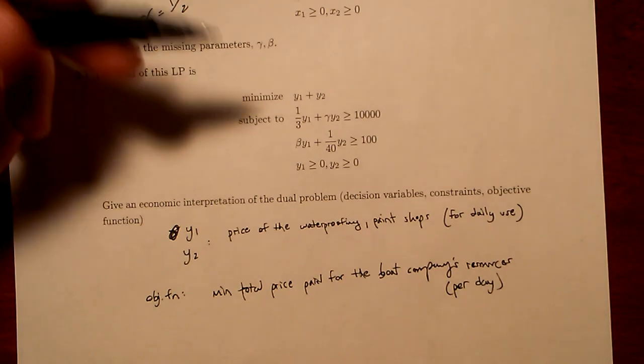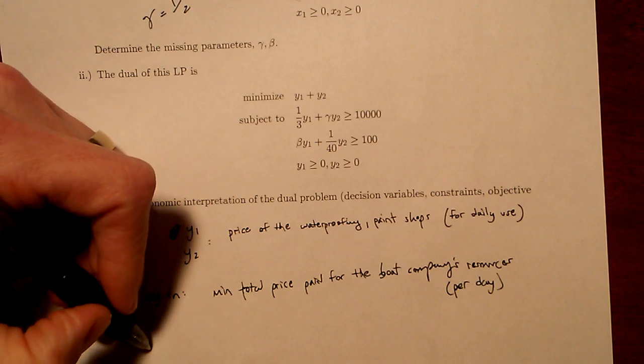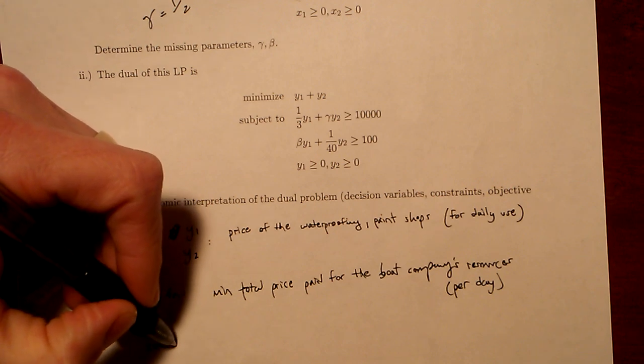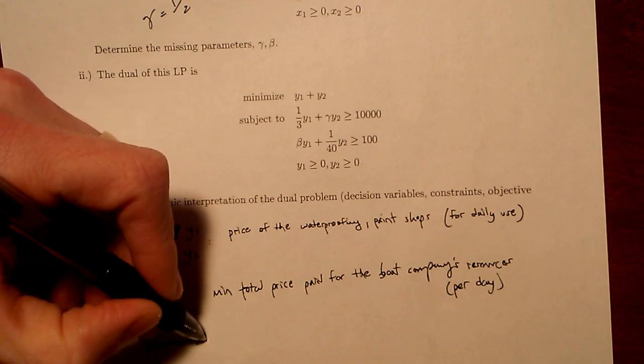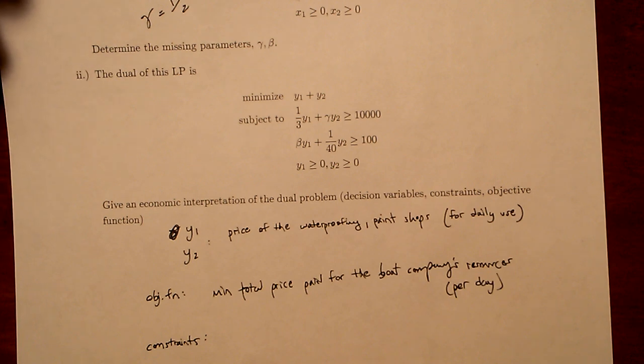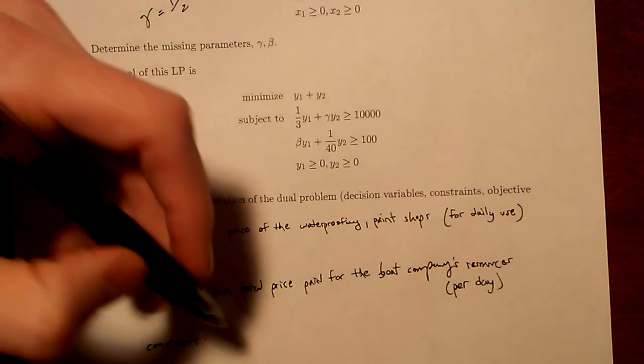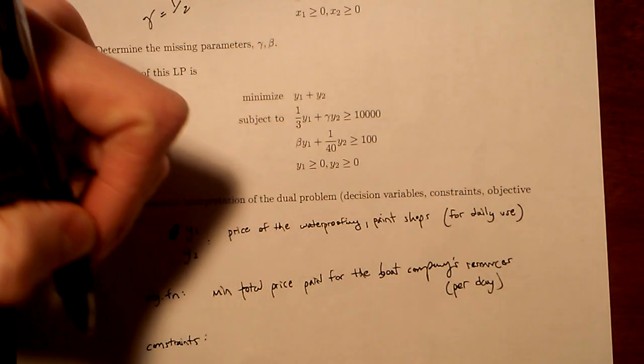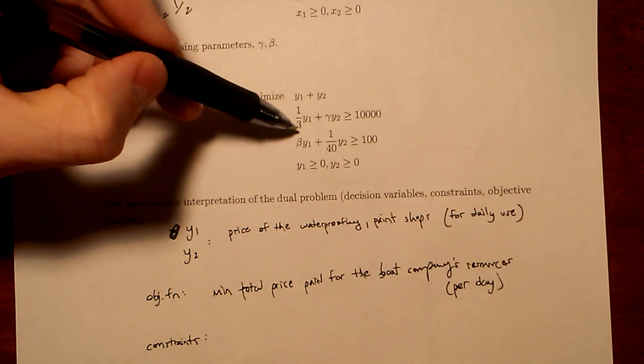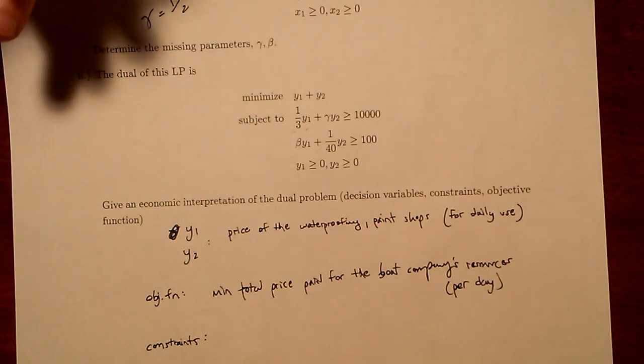Okay, and then the other thing I asked you to address were the constraints. Again, the idea of the constraints is that they constrain the prices offered for these waterproofing and paint shops to be at least some amount, and those constraints are related to the amount of resources required to produce a yacht and a boat.